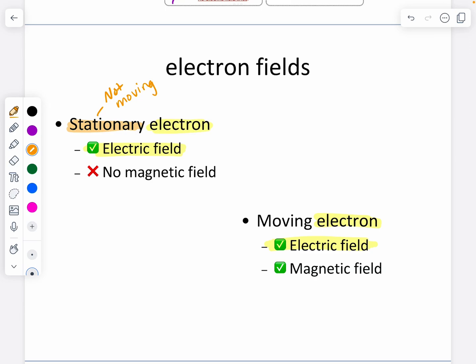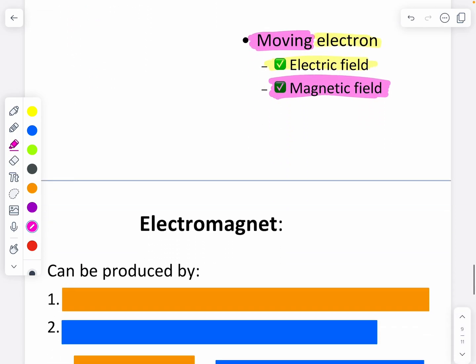AllEach electron has an electric field, and if it's not moving, that's the only field that it has. But if we look over here and it's talking about a moving electron, well, now if we understand that moving electrons also have magnetic properties, then our moving electrons are also going to have magnetic fields. Sounds pretty simple. It's just a matter of understanding when to pick magnetic or not. So electrons only have a magnetic field if they are moving. Electrons will always have an electric field.